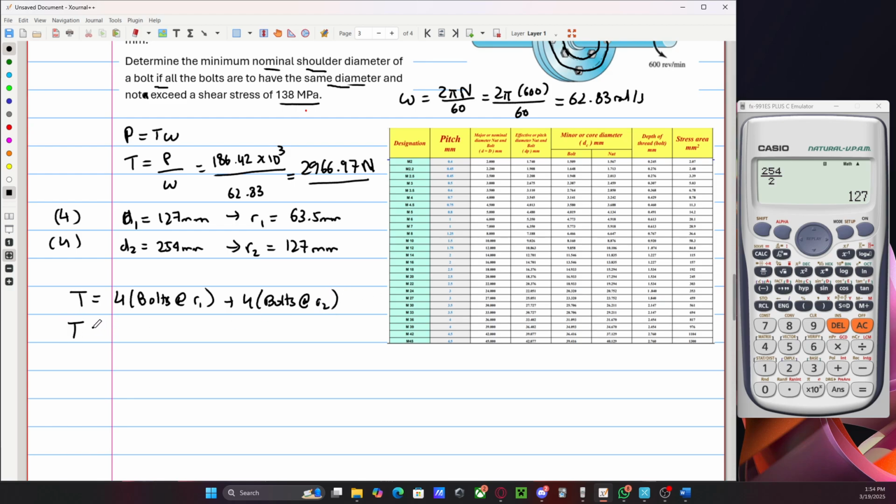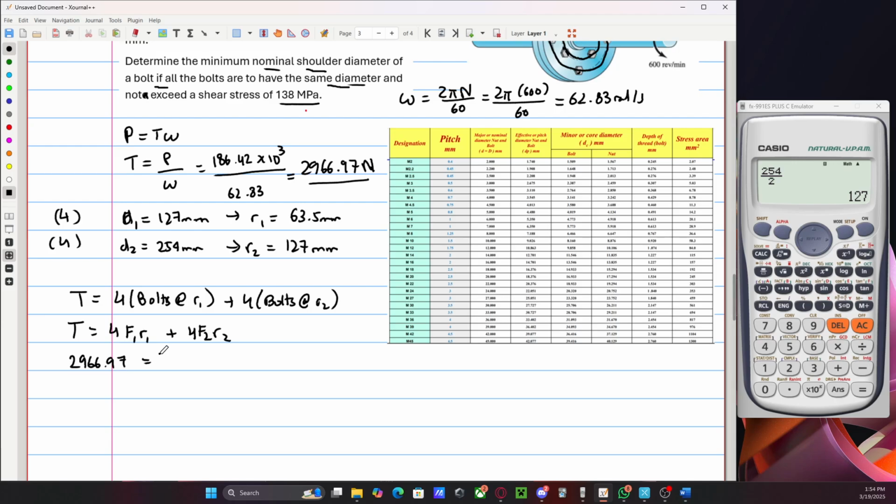We know T equals FR, so 4 F1 R1 plus 4 F2 R2. Now, we also know this is 2966.97, right?